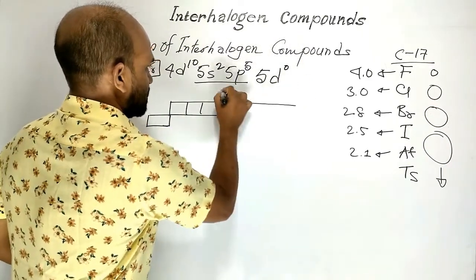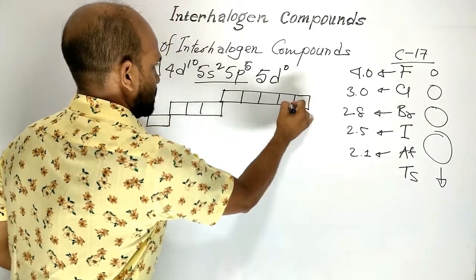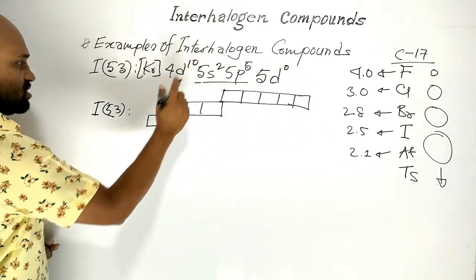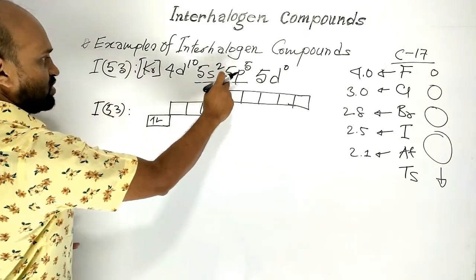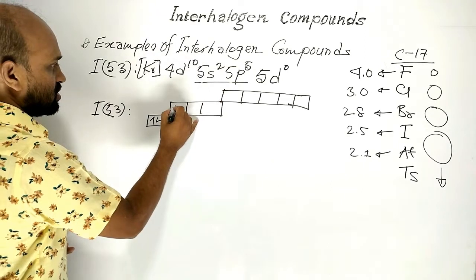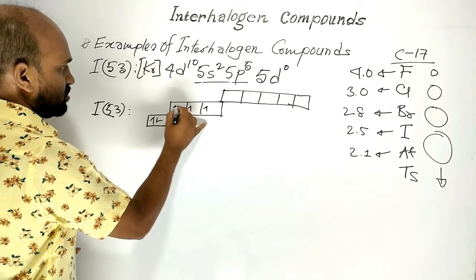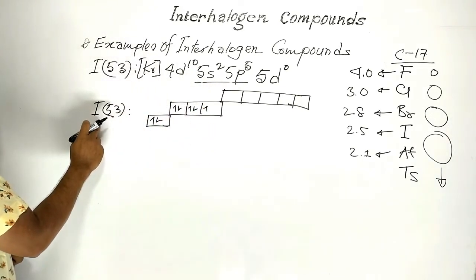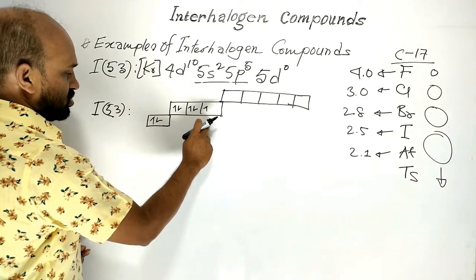So d orbitals 1, 2, 3, 4, 5. These orbitals are vacant. 5s orbital contains 2 electrons. 5p orbitals contain 5 electrons. So we see that iodine contains one unpaired electron.